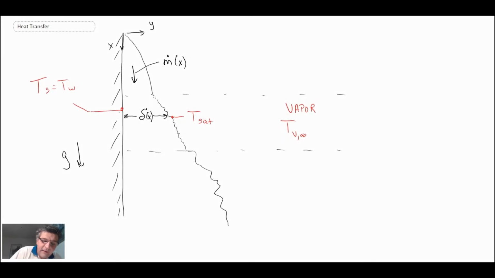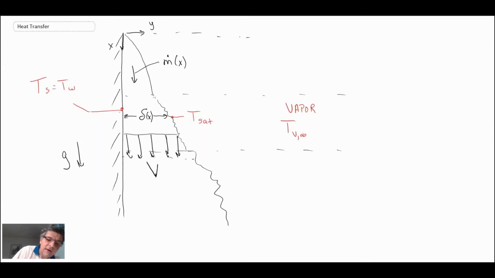And the other thing that I defined in the Reynolds number that I just presented a moment ago was some average or bulk velocity. In reality there's going to be a velocity profile here, but for right now we're going to assume some bulk velocity of the condensate moving down due to the body force or gravity.